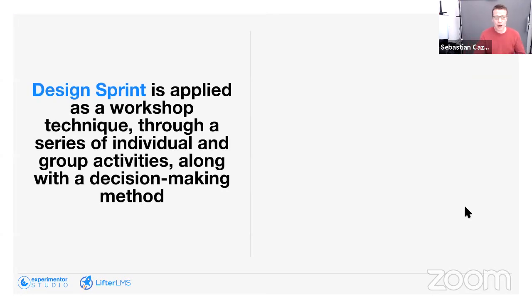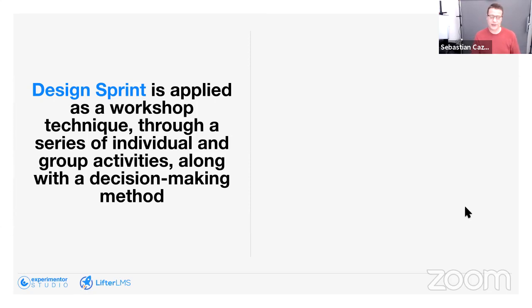Okay, so how do we do design sprints? We apply design sprint as a workshop technique. So everything we do in design sprint is a workshop technique. The entire experience, we call it a workshop. And we do it through a series of individual and group exercises or activities.